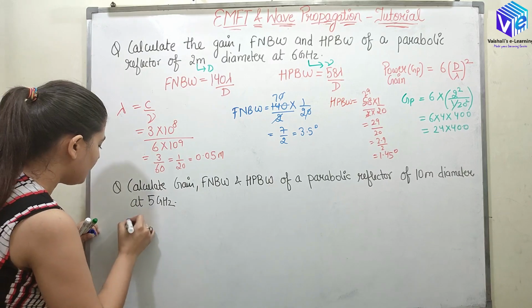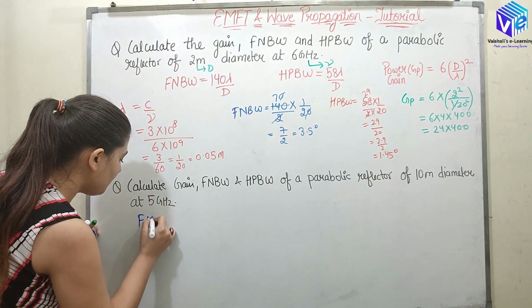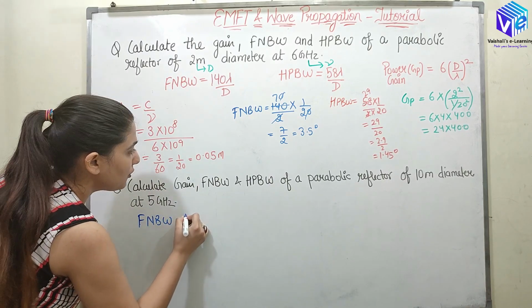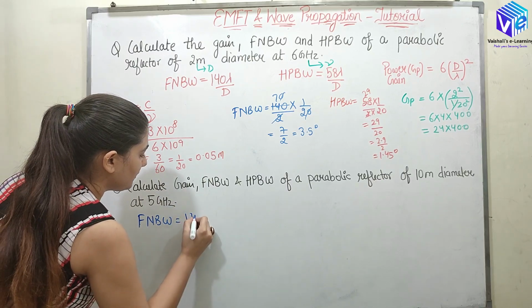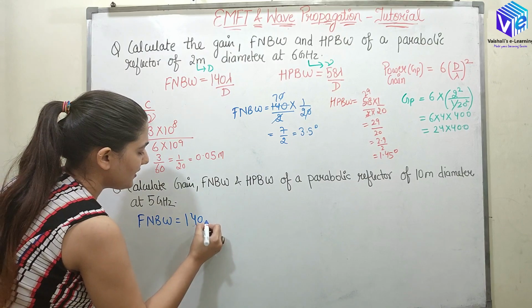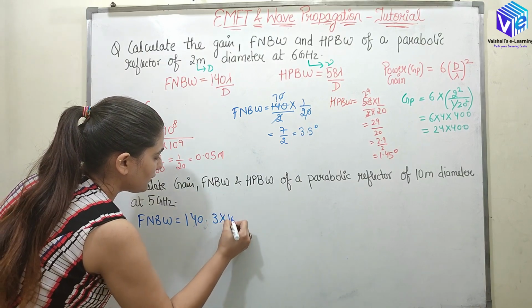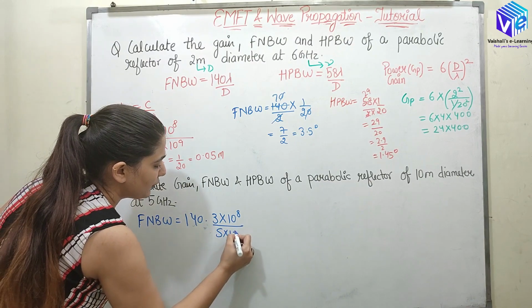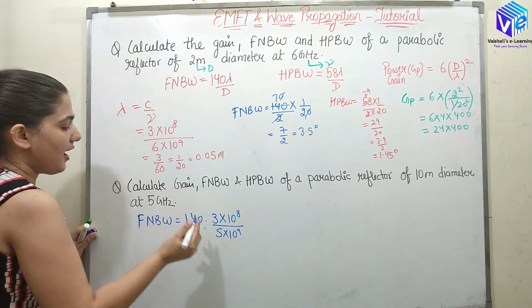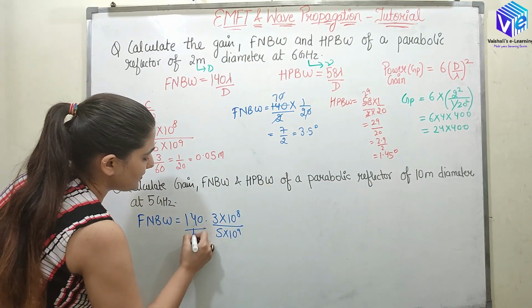So first null beam width is equal to 140 lambda upon D. Now what will be the lambda here? Lambda will be 3 into 10 raised to power 8 upon 5 gigahertz, which means 5 into 10 raised to power 9. What is D? D is 10.